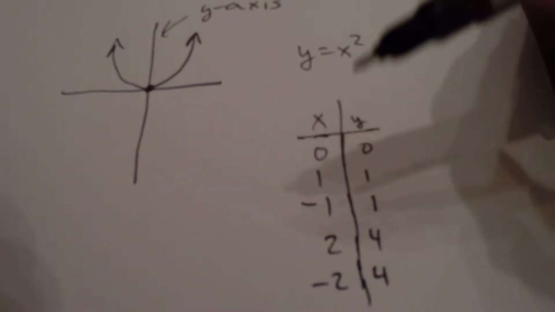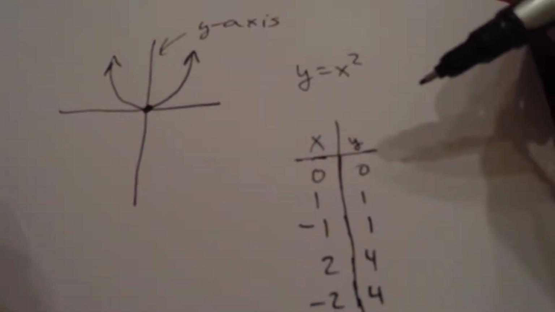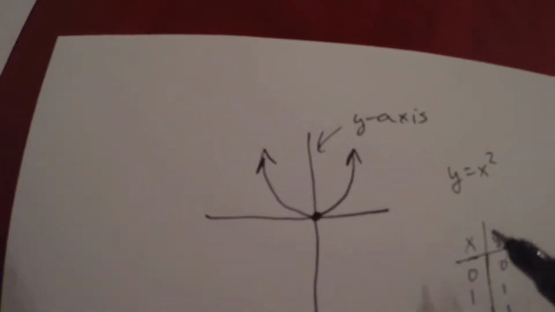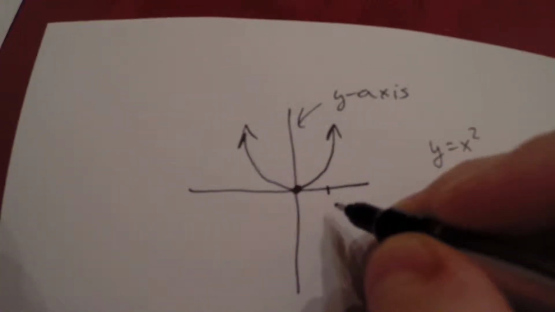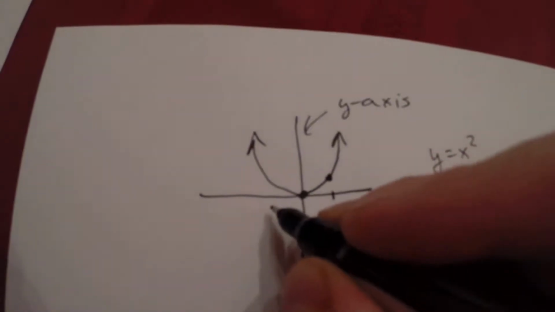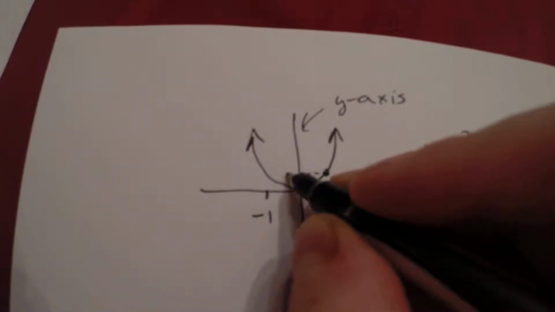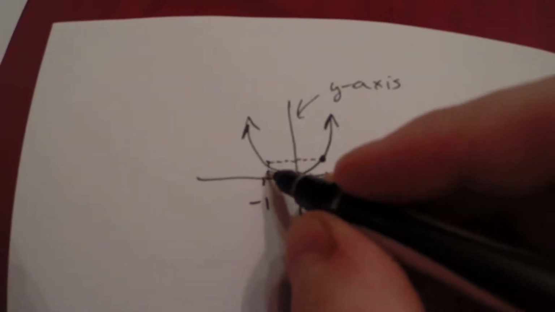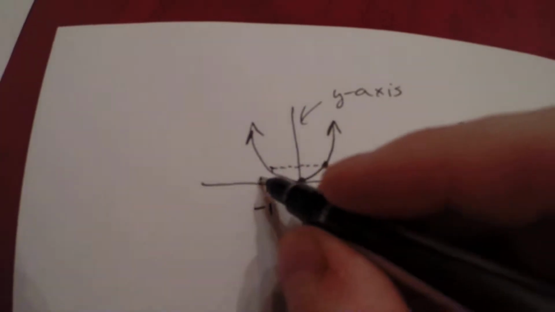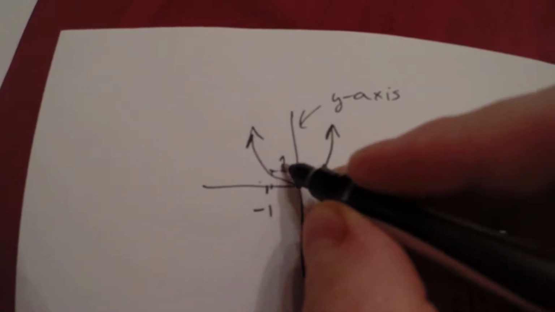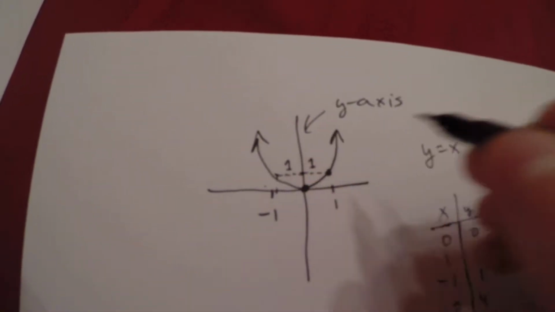Okay, so what I want you to notice is that what this chart is really saying is that whatever distance I go out, whether I go to the left or to the right, it is always the same height.